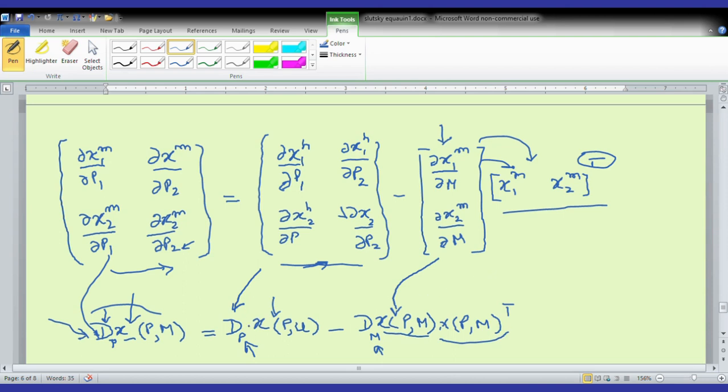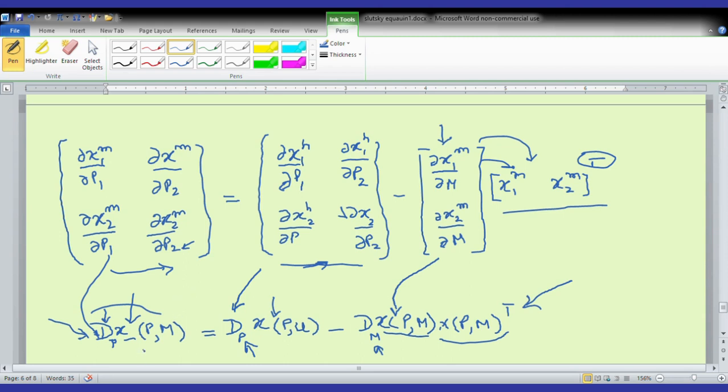The reason for writing the system of Slutsky equations in this format is that it can be written for any number of goods. For example, n might be 10, 20, 30, whatever is the number of goods, or n by n.